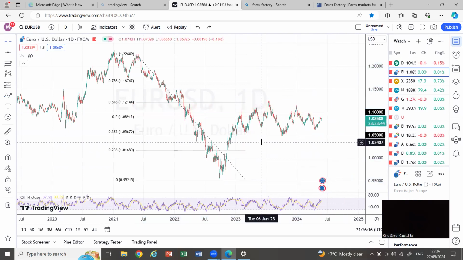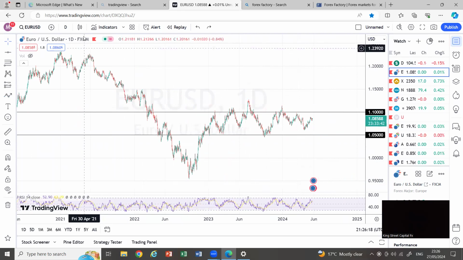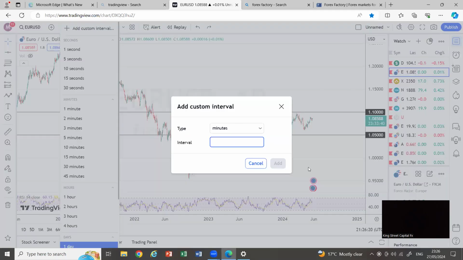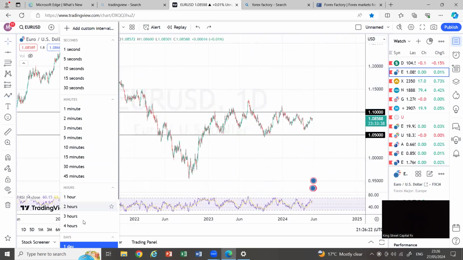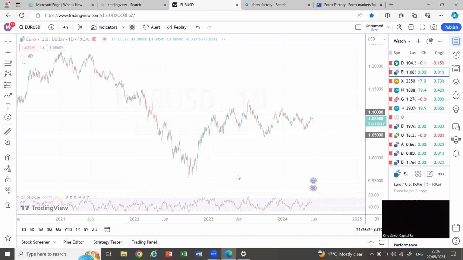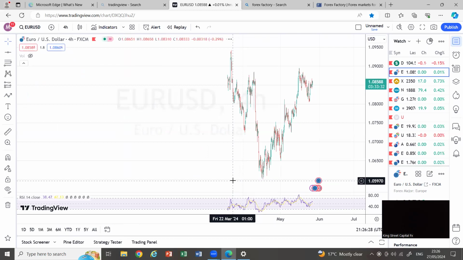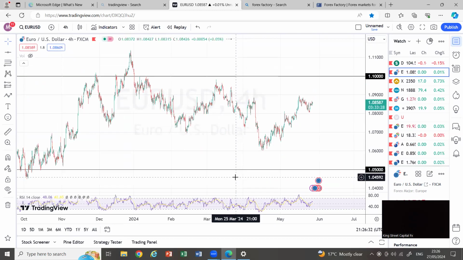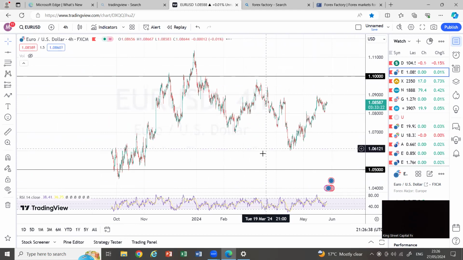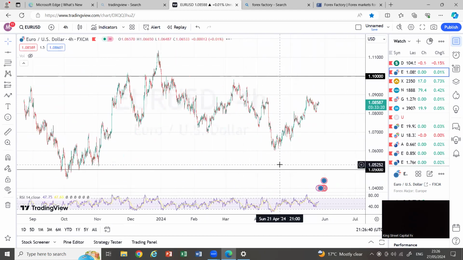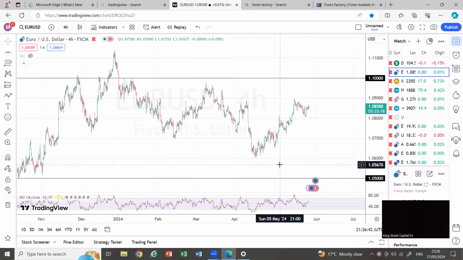Let's move down to the low time frame. All right, so let's start pulling up this. These are the two major levels that we drew up on the zoomed out version.